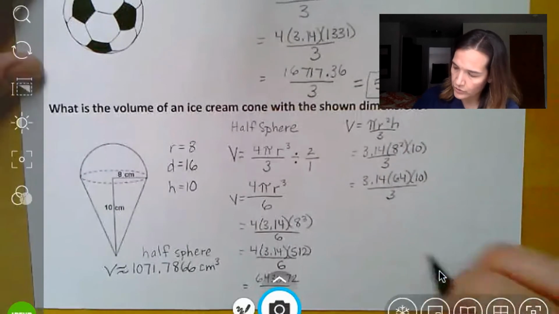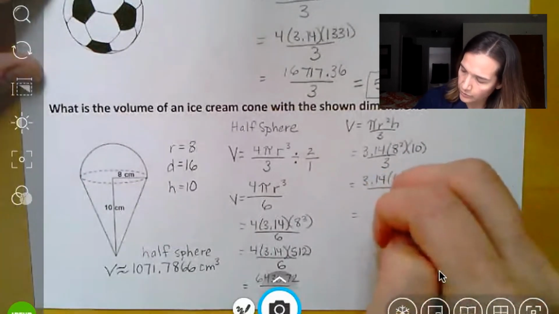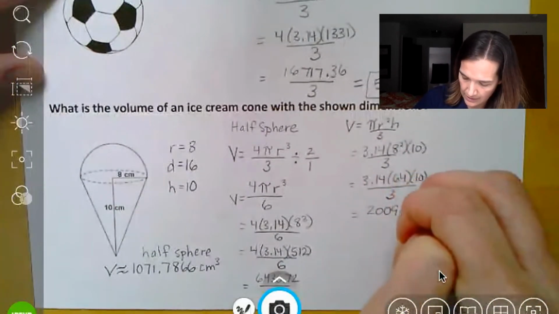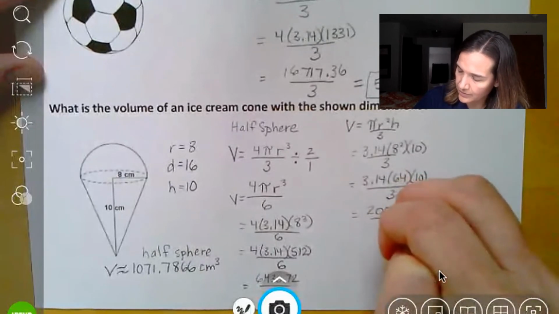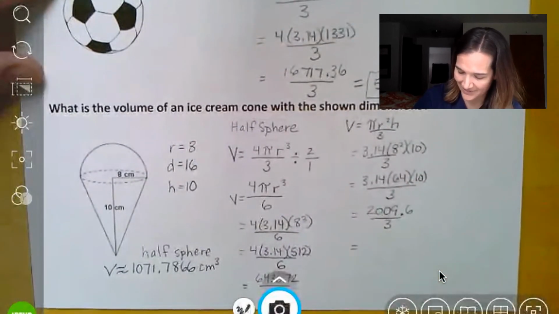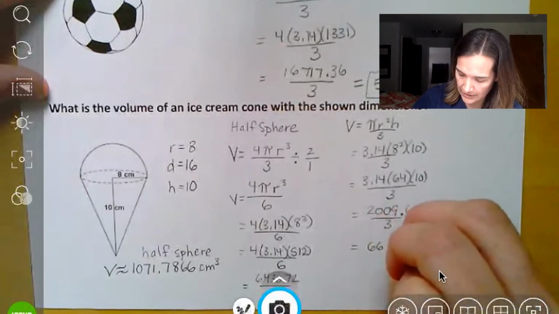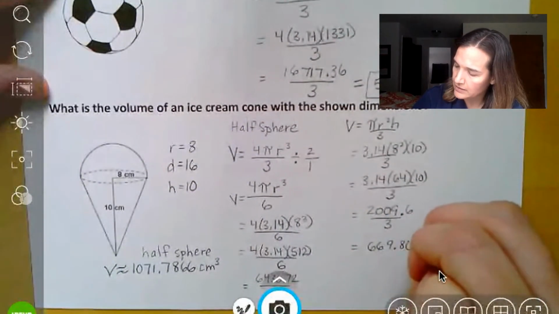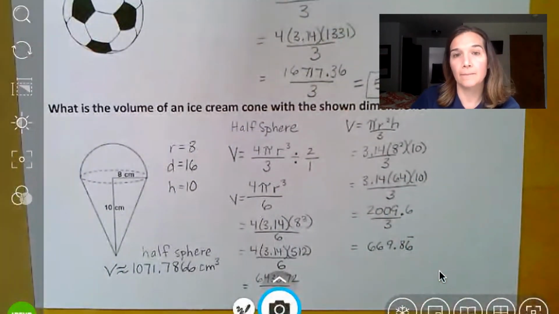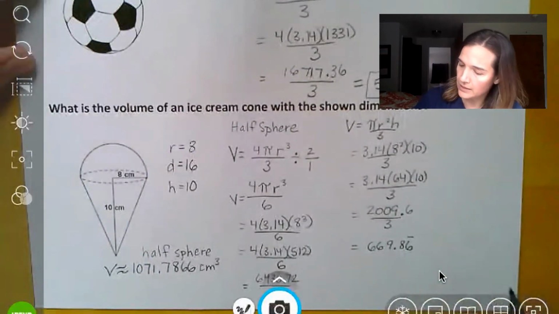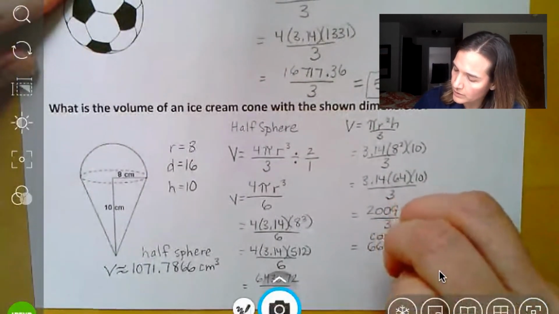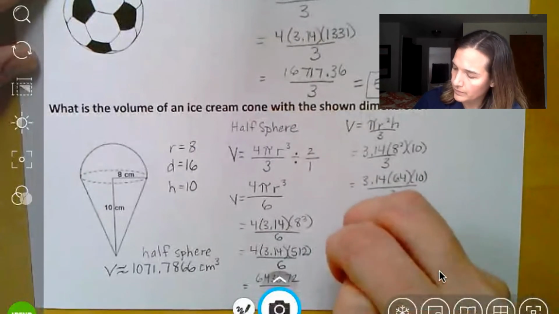And as we go through, we multiply everything in the numerator. We get 2009.6 divided by 3. And finally, when we divide it, we get 669.86 repeating. So at that point, that is our cone's volume.